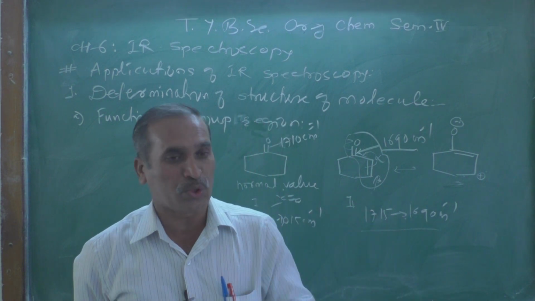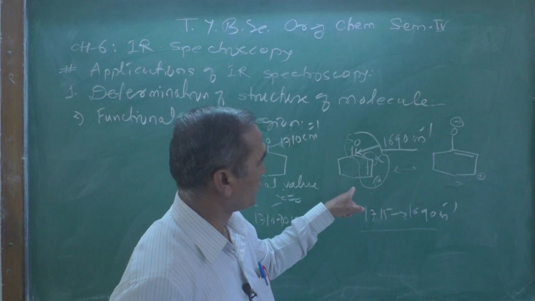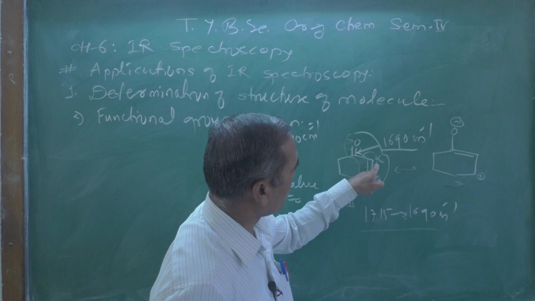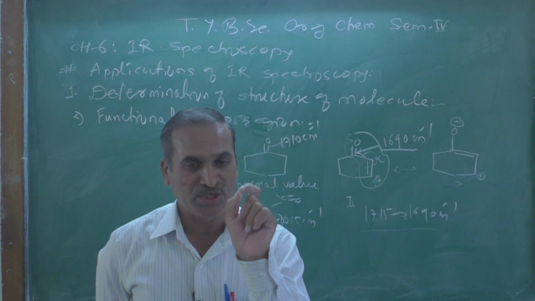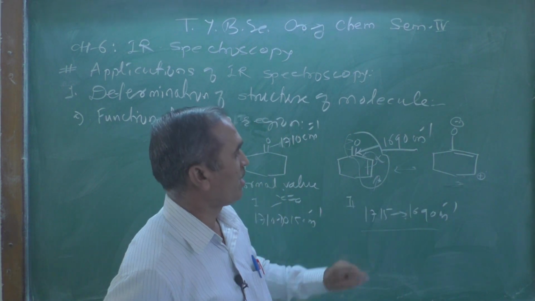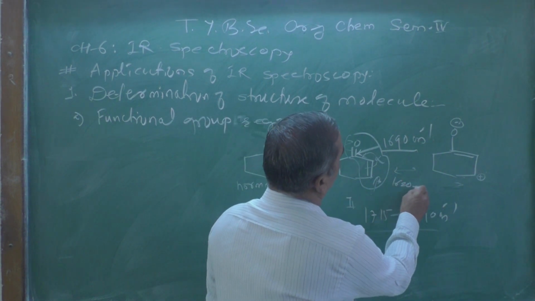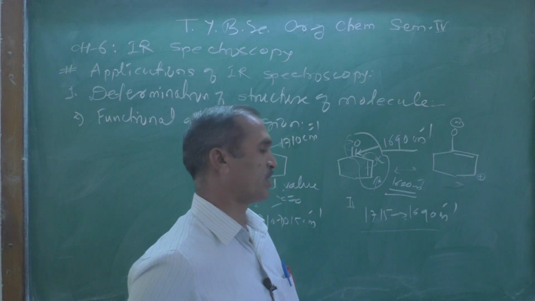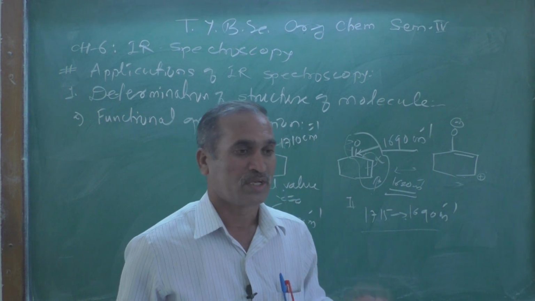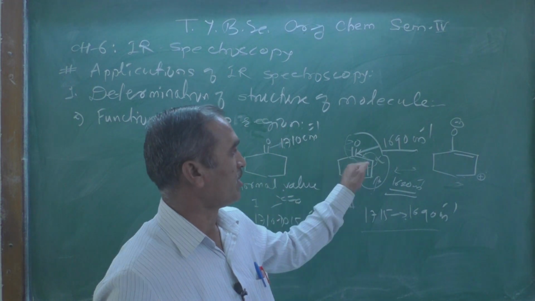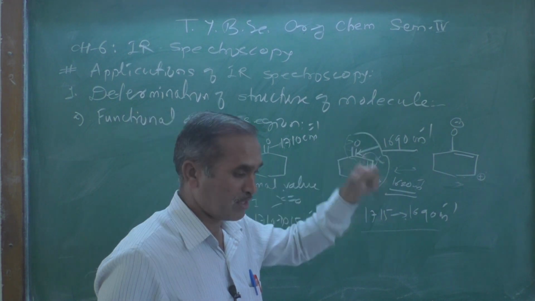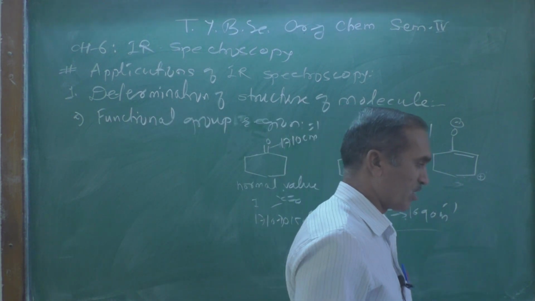In addition to this, you will get another distinct peak around 1620 or 1610 per centimeter, and this clearly indicates that a carbon-carbon olefinic double bond is present.